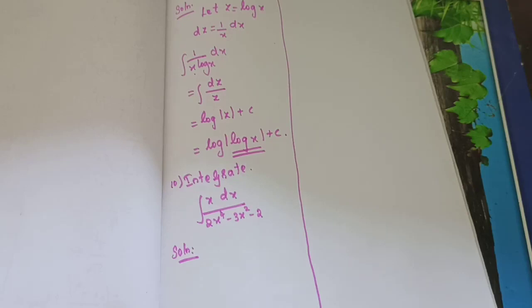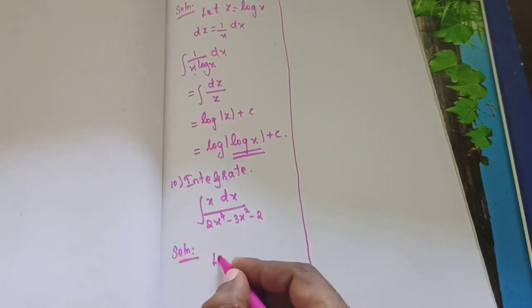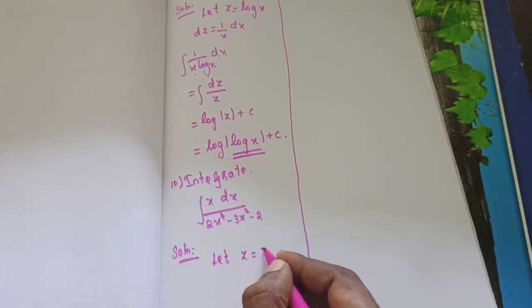In the numerator, x dx is there. When you take z as x, when you find dz, it will change to dx alone; we won't get x. So when you take x square as z, when you differentiate you will get 2x dx, and from that you can find the x dx value. Because of that, I am considering let z is equal to x square.